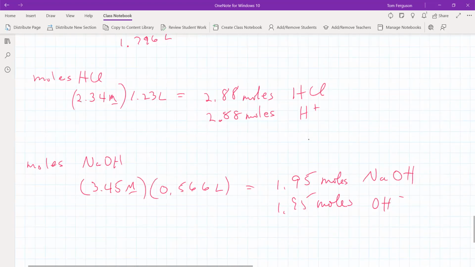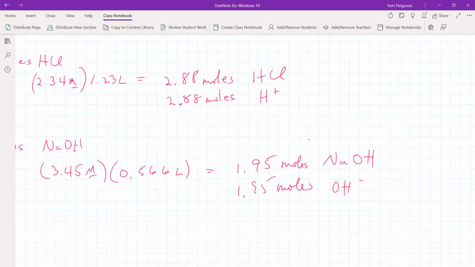Well, which is less, the acid or the base, moles wise? Well, the base is 1.95, the acid is 2.88. Which is greater? The H's, right? Okay. When we create water, it's a 1-to-1 relationship. So if we have 1.95 moles of OH, it's going to create water with 1.95 moles of H plus.